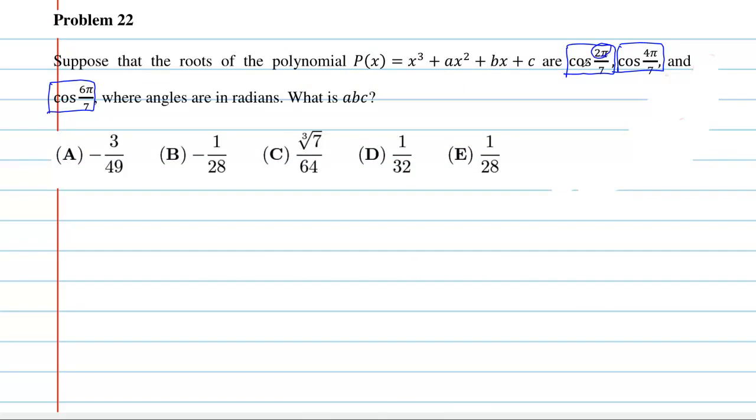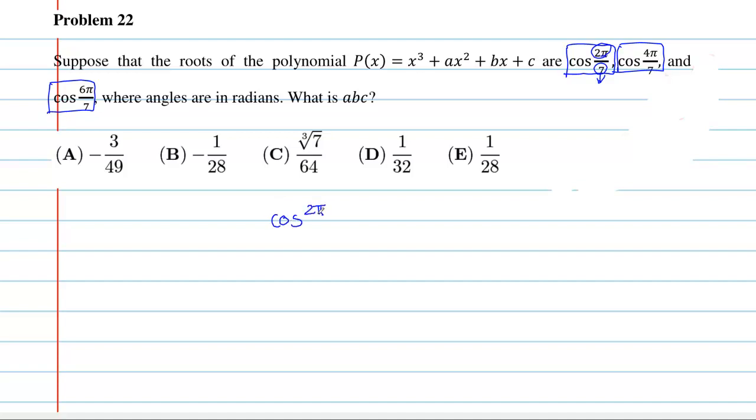All right, this is number 22. So we have a polynomial equation, and its roots are cosine 2 pi over 7, cosine 4 pi over 7, and cosine 6 pi over 7. Actually, 2 pi over 7 means there are 7 roots. Now take it out.